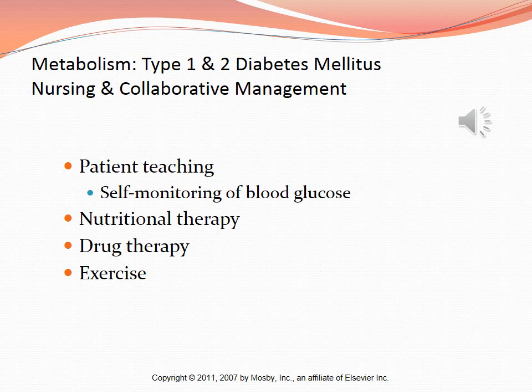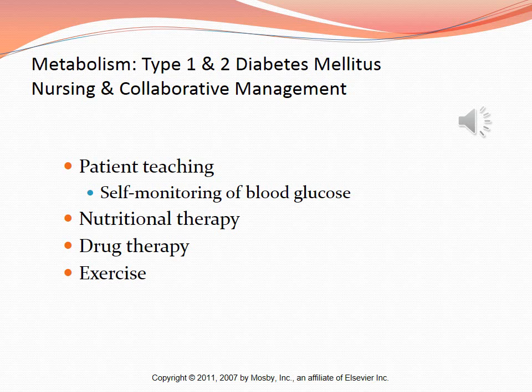For both type 1 and type 2 diabetes mellitus, the nursing and collaborative management care goal is to normalize insulin activity and blood glucose levels to reduce the development of vascular and neuropathic complications.